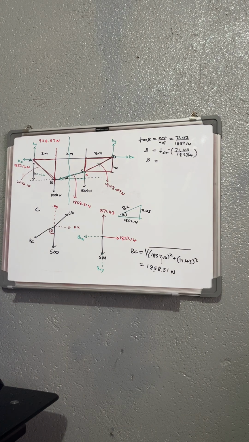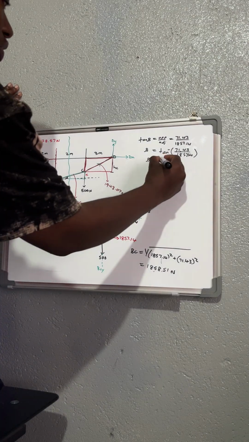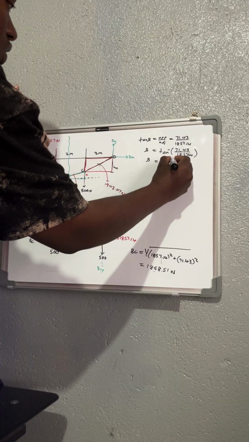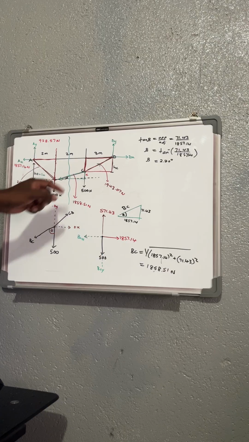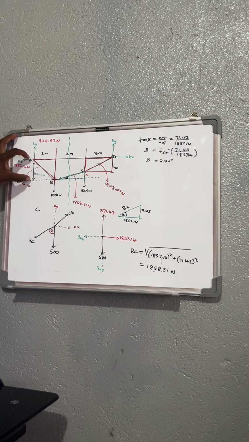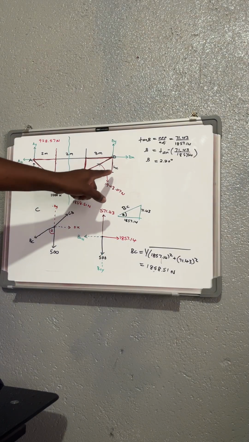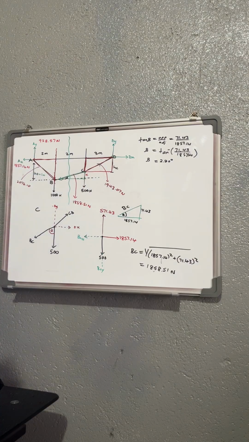You have to find that one. Okay, your beta is going to give you an angle of 2.20 degrees, and it actually makes sense because this looks small. Remember, this side is 1 meter, and whatever you're going to get from here to here, being HC, can't be more than 1 meter. It would mean you have done the incorrect calculation.